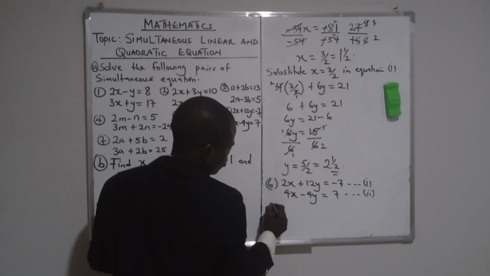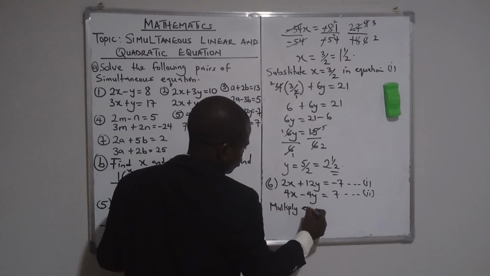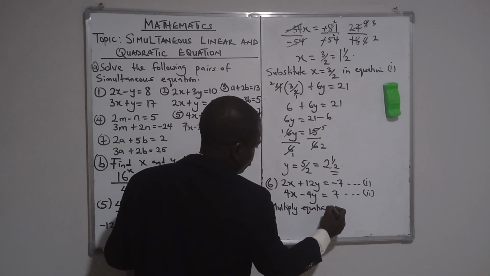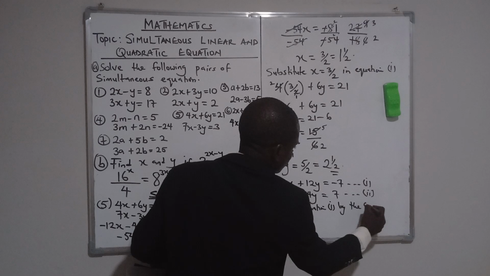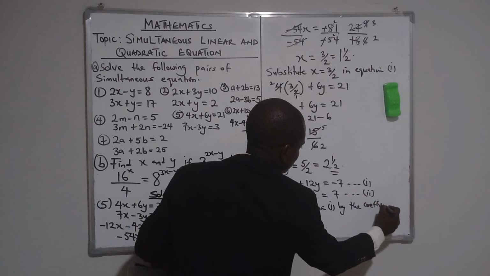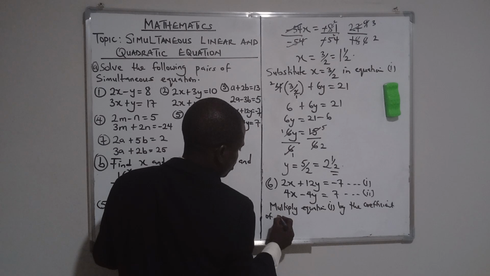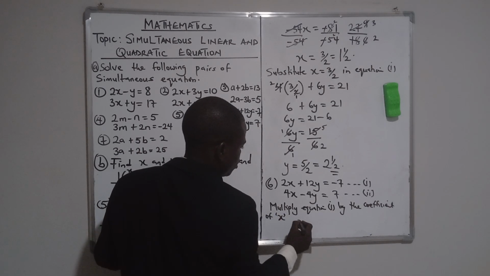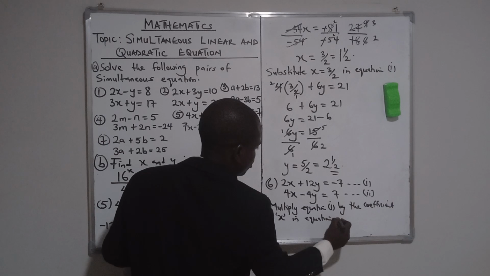Now let's say multiply equation 1 by the coefficient of x in equation 2.